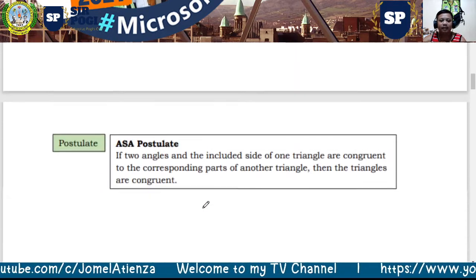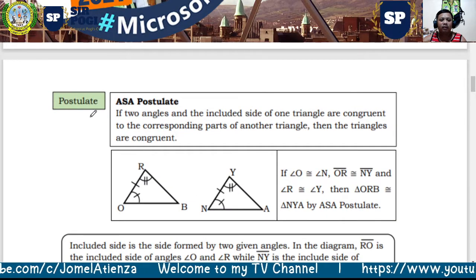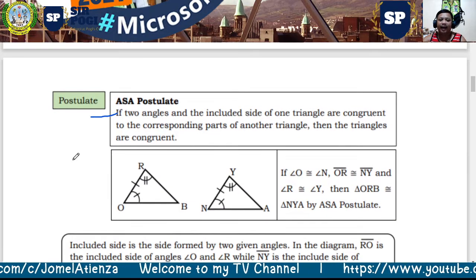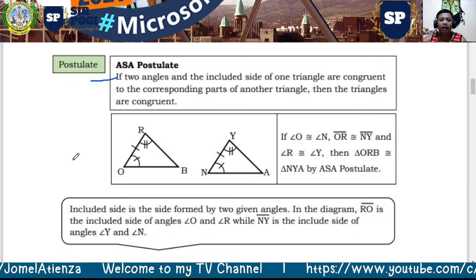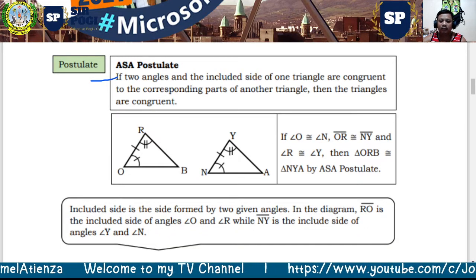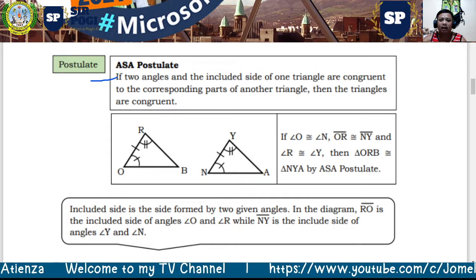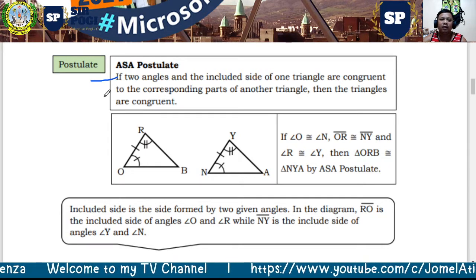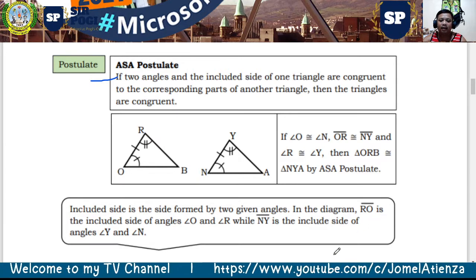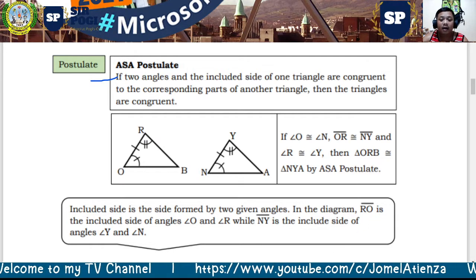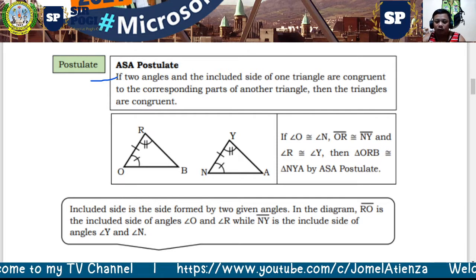Okay? And then, how about the angle-side-angle postulate. So sinasabi, if two angles and included side of one triangle are congruent to the corresponding parts of another triangle, then the triangles are congruent.